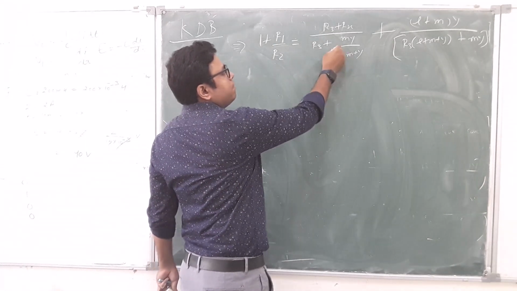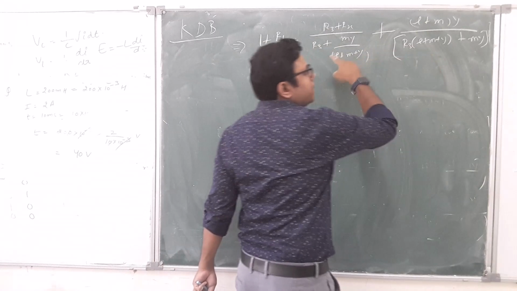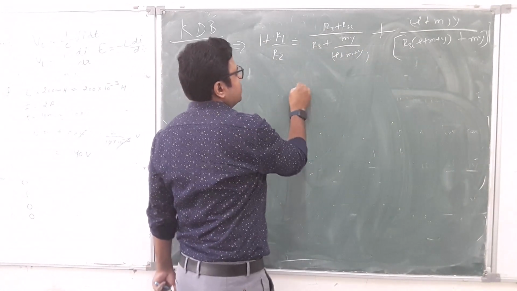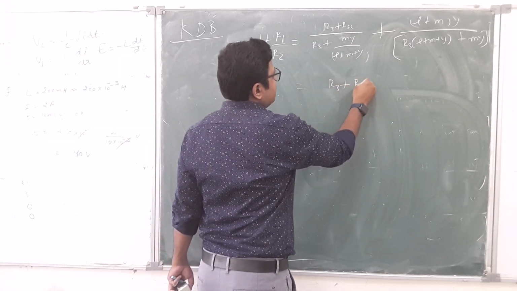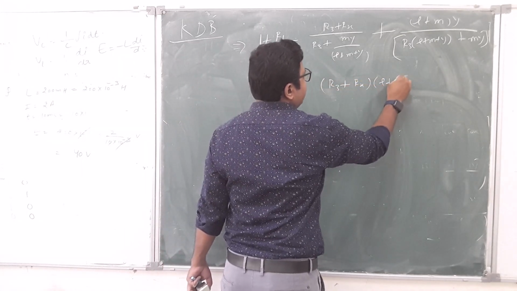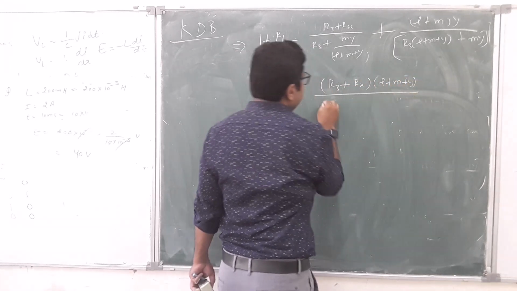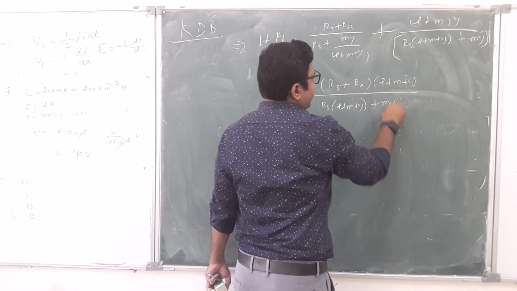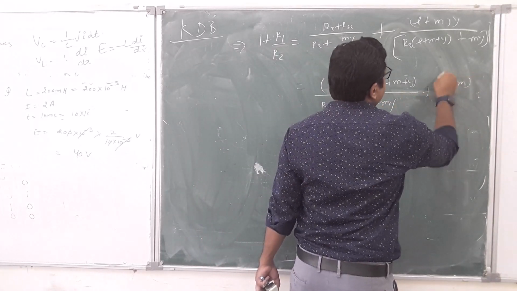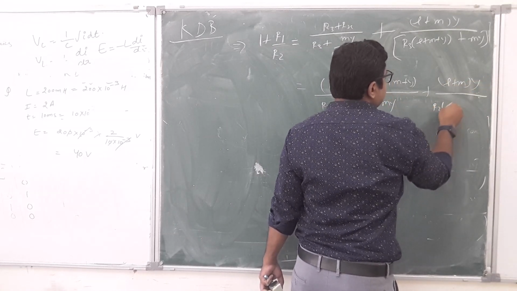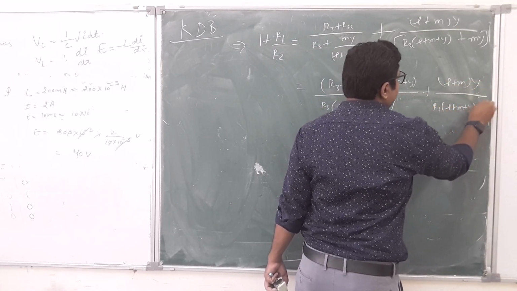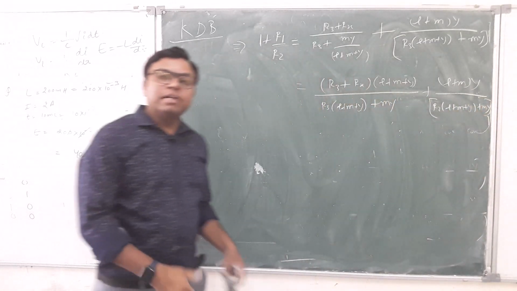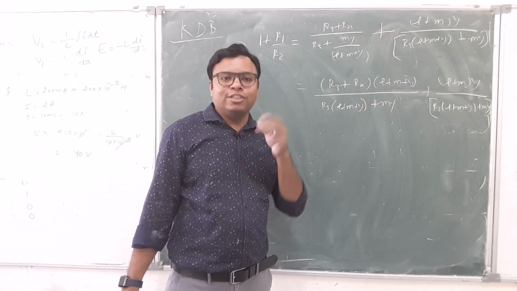Now you can see similarity. If I will take LCM, these two denominators will be common. So now I am coming to a more clean equation. So this is (R3 plus Rx) into (L plus M plus Y) by R3(L plus M plus Y) plus My, plus (L plus M) Y by R3(L plus M plus Y) plus My. Because I am writing My, don't think it is only my equation, it is yours also.